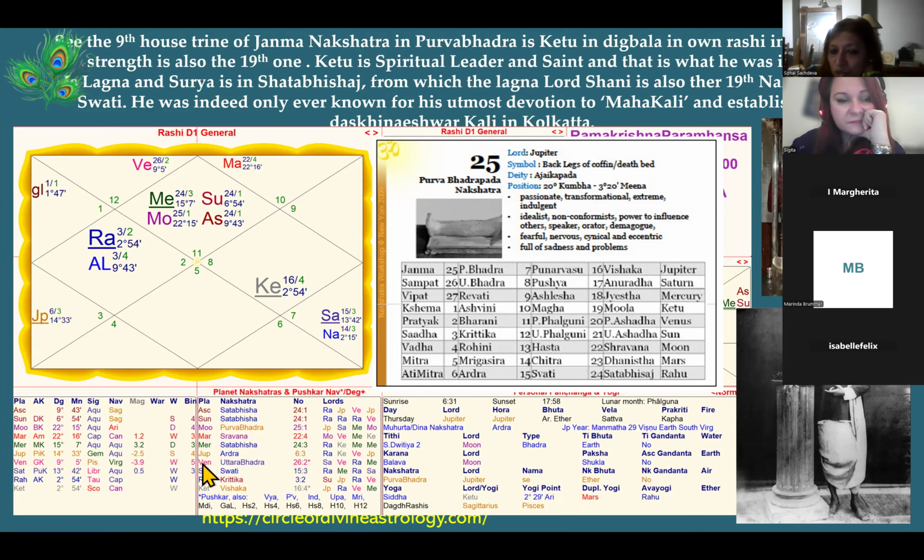So Jupiter is in Mula, right? And how do you think it has manifested? Have you activated it? I think not fully, but learning it is from the very early age. Yeah, absolutely. So what is the symbol of Mula? What does Mula mean in Sanskrit?